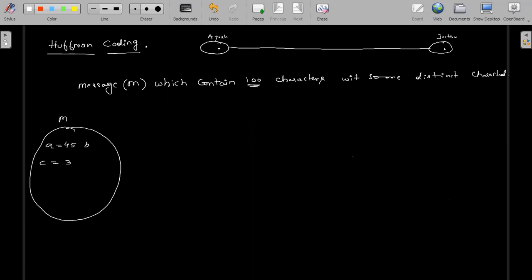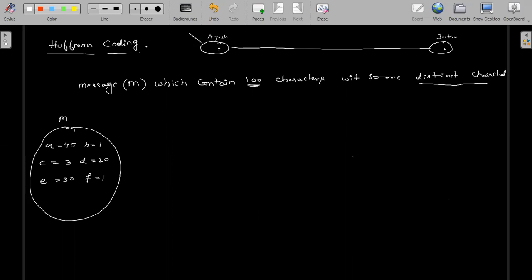B is repeating 1 time. D is repeating 20 times. E is repeating 30 times. F is repeating 1 time. So what I said, distinct characters are nothing but these in that message.